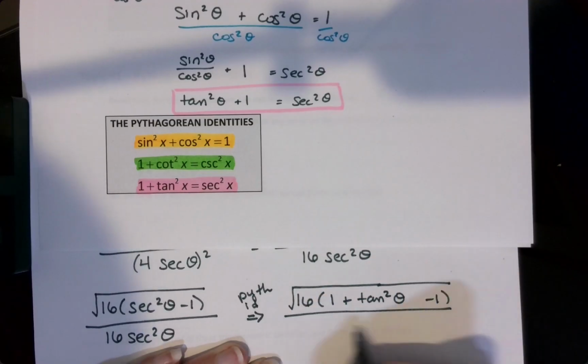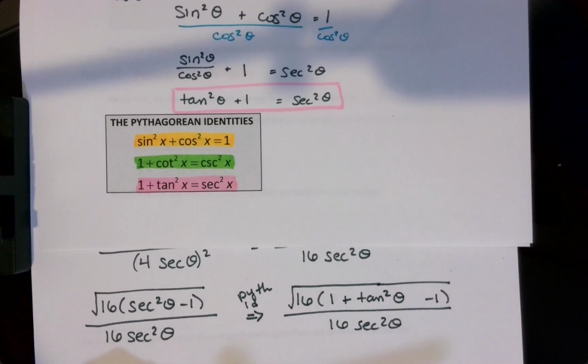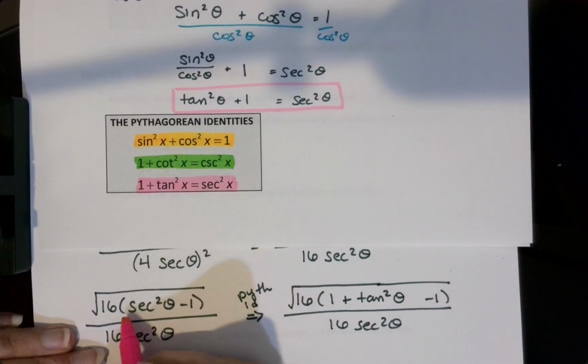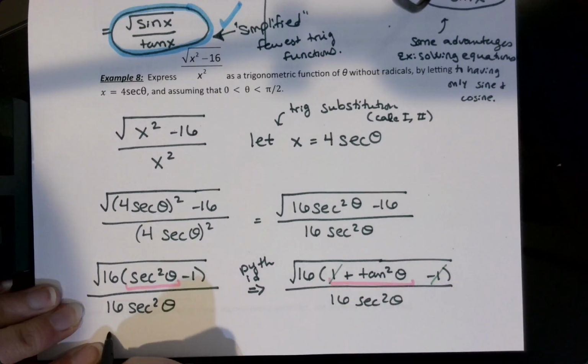So it looks like I have the square root of 16 tan squared theta over 16 secant squared theta. The square root of 16 is 4. The square root of tan squared theta is tan of theta.